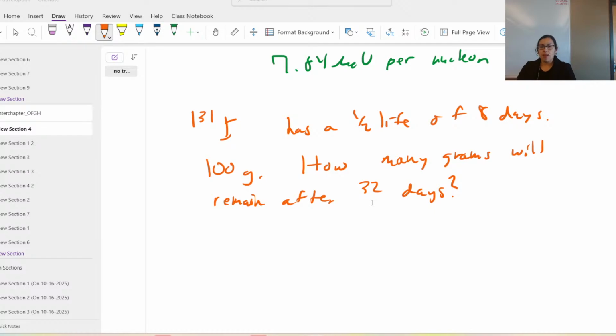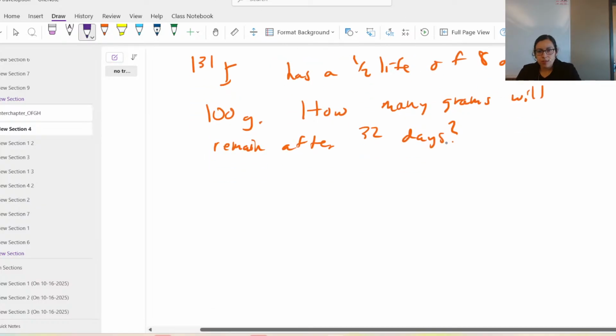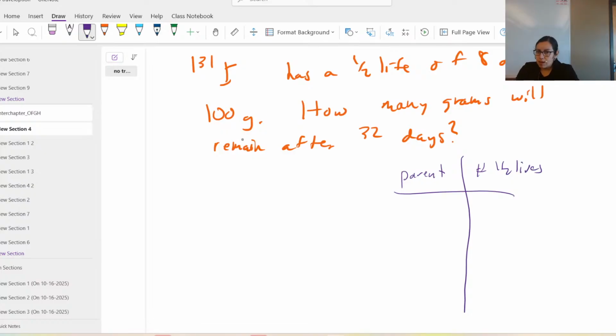So 4 half-lives. And so we could just brute force it. We always have our equations, but some of these are easier to set up with just our parent and then number of half-lives. And then I try to make it even easier by doing 100 grams.